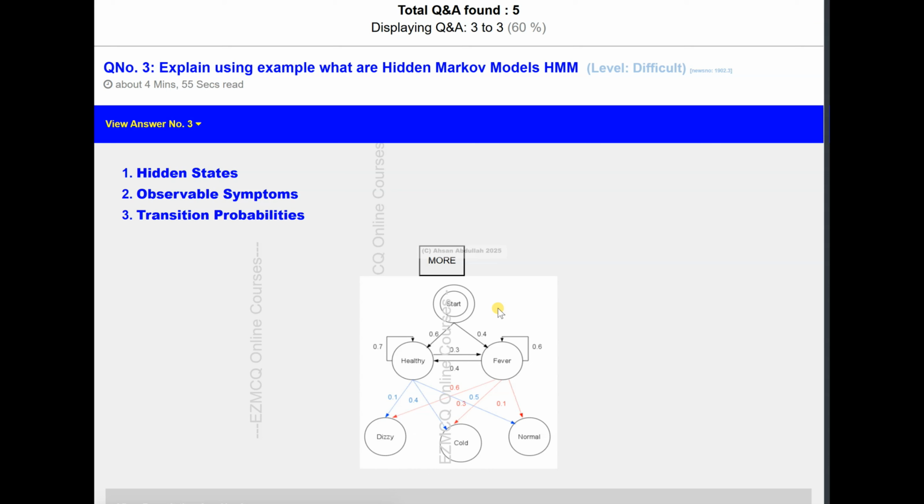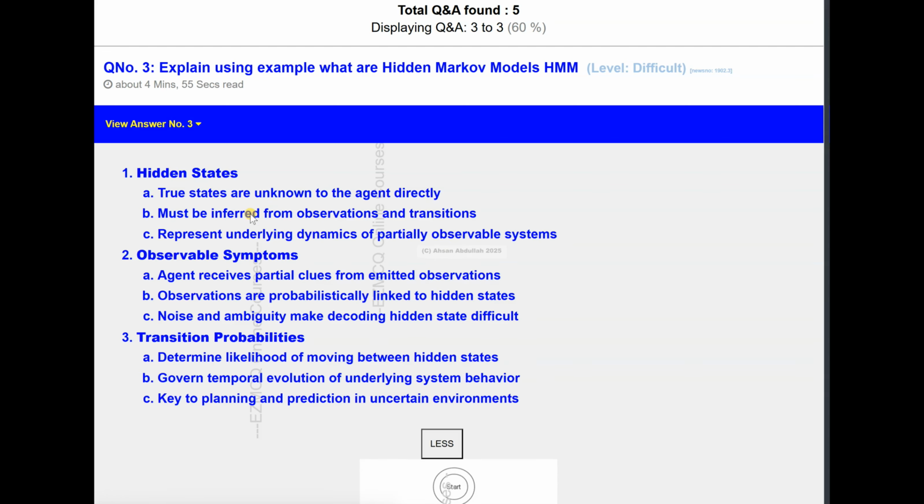For example, what we are seeing, but we really don't know what causes it. Then there is the transition probability. I will explain this diagram to you also. Hidden states are the true states which are not known, observable symptoms are the partial clues from the emitted observations, and the transition probabilities govern moving between the hidden states.